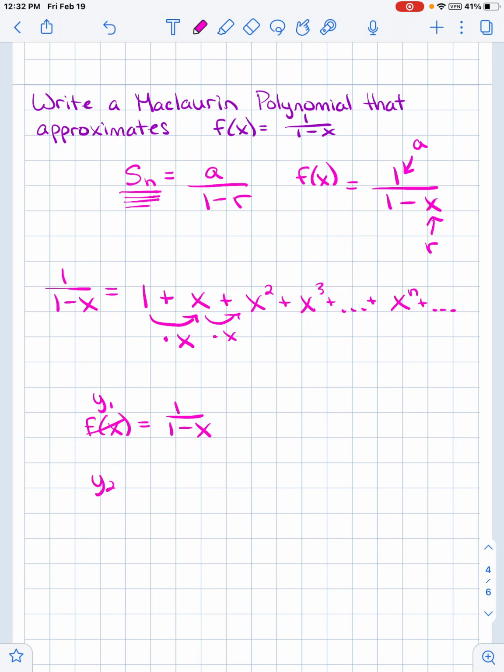And then y2, I want it to be the first couple terms of the Maclaurin polynomial. And then add on a lot more terms. How good of a fit is this polynomial for 1 over 1 minus x?